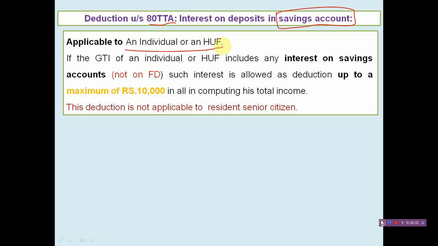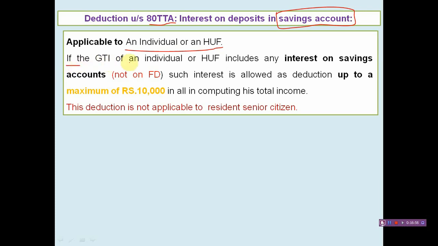Okay, so this deduction is applicable only to an individual or Hindu undivided family, and it is also a deduction in respect of income, not in respect of any payments or any donations or any expenditures. It is in respect of income of an assessee.